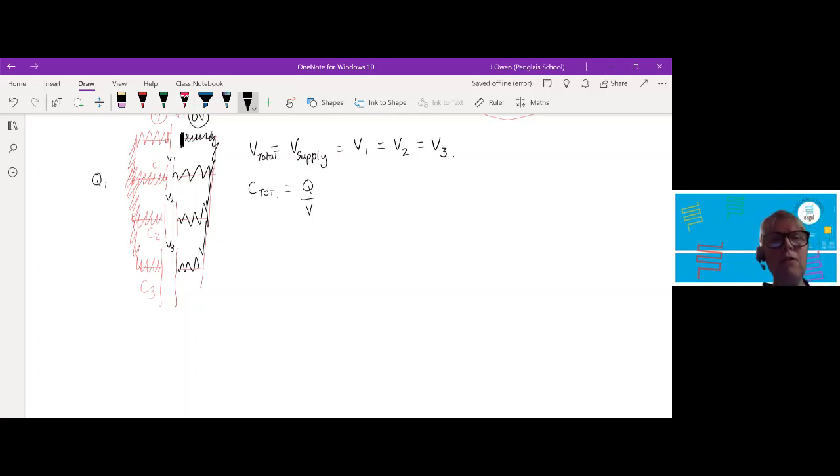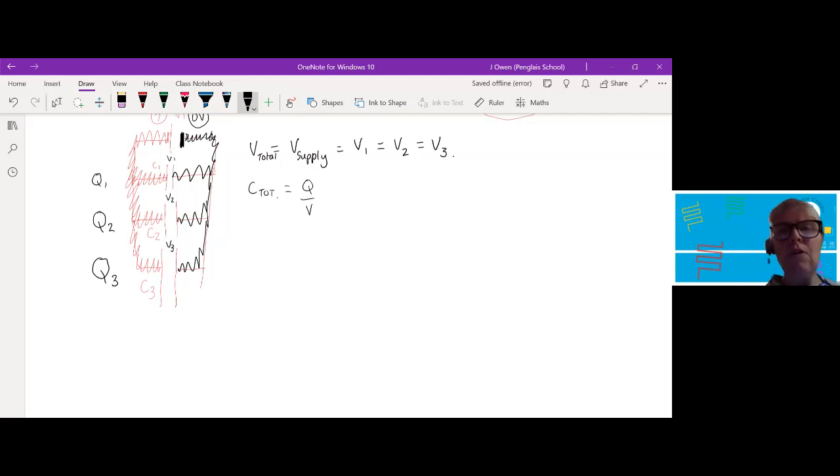Because you've got a small area, you've only got a small charge that can be stored there. Whereas for capacitor 2, you've got a little bit more charge stored because the area is a little bit bigger. Capacitor 3, you've got an even bigger charge stored because you've got an even bigger surface area.